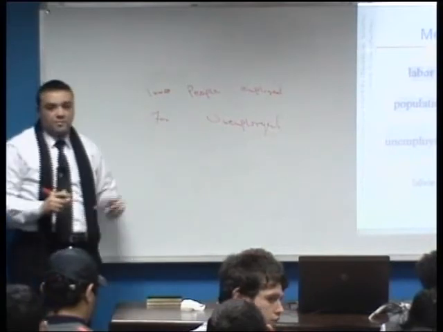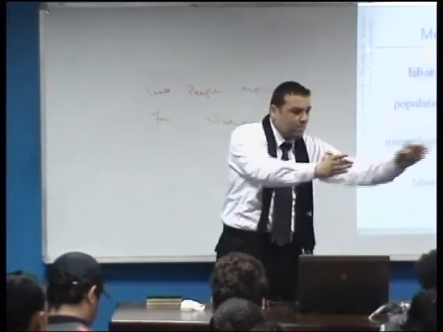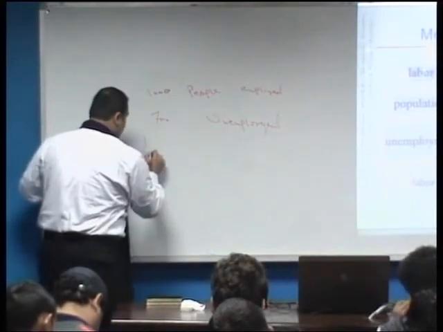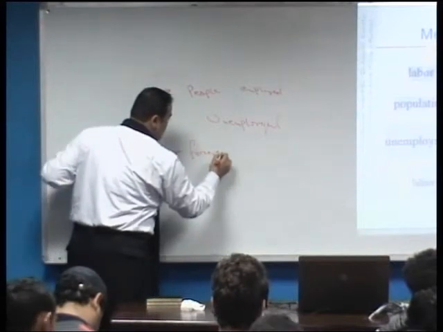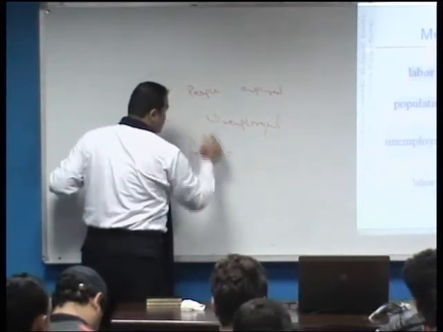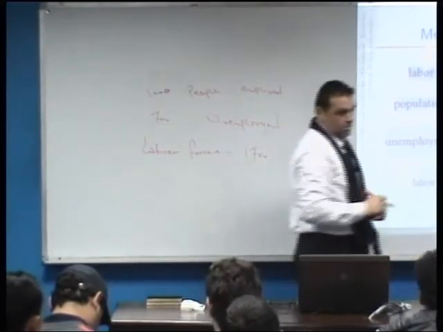In this case, the labor force equals how much? Unemployed plus employed, or employed plus unemployed. So the labor force equals 1,700, employed plus unemployed, right?